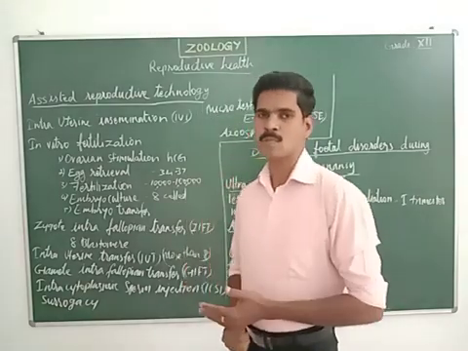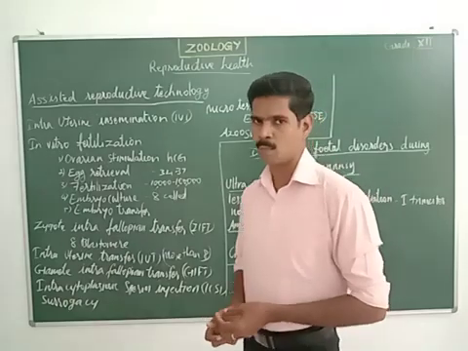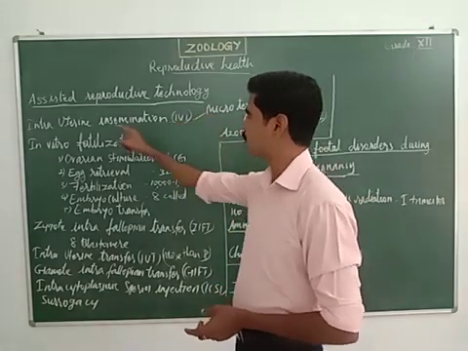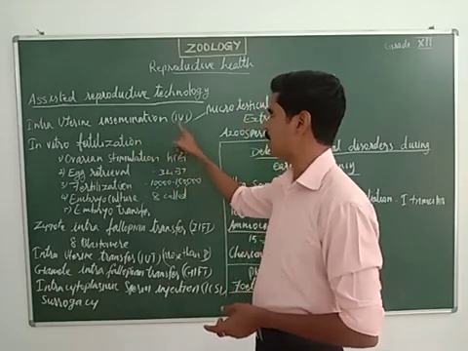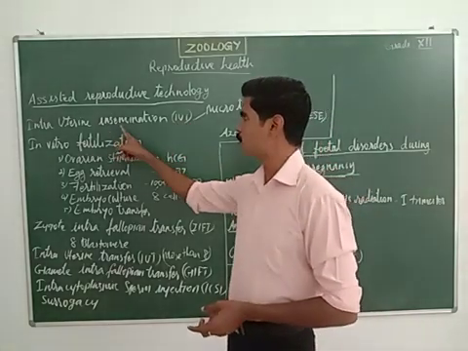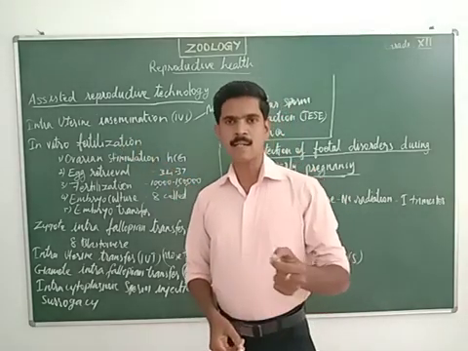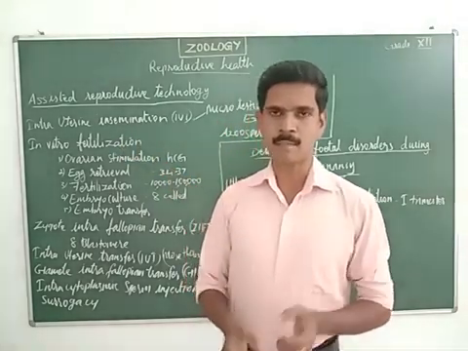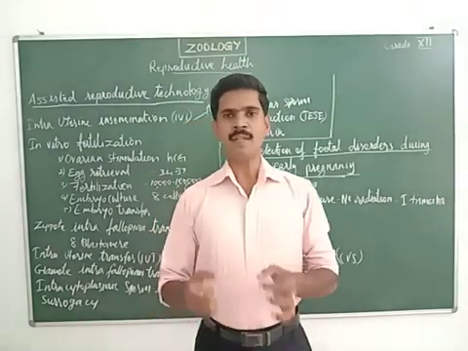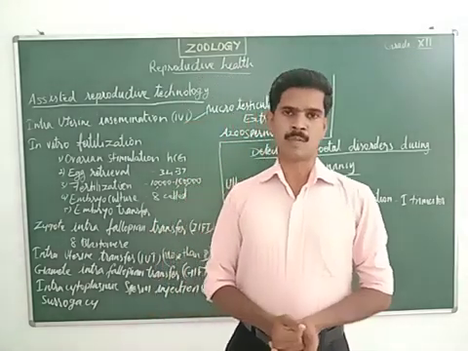There are a lot of techniques, so now we are going to study all these techniques one by one. Listen very carefully. The first technique is intrauterine insemination, IUI. This technique is mostly used to treat men with a low sperm count.